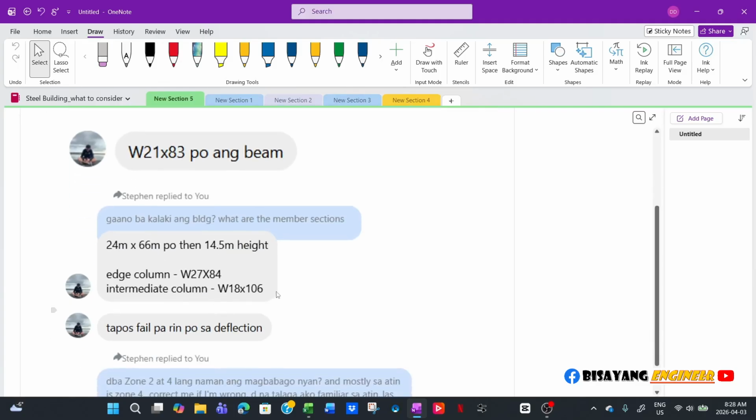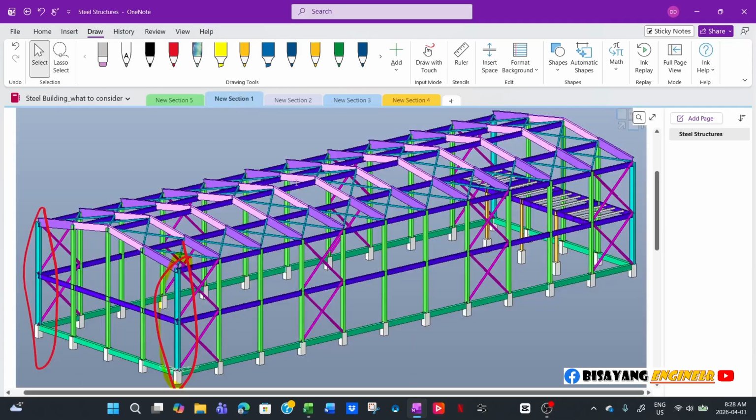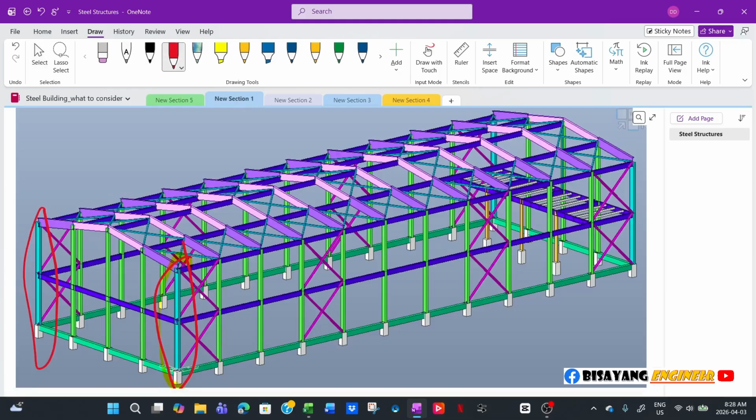By looking at the sections, you would notice, why would you have a shallower beam in your intermediate column, intermediate frames, when that's where the biggest stress is in a structure like this one? Because here you have more columns versus there.